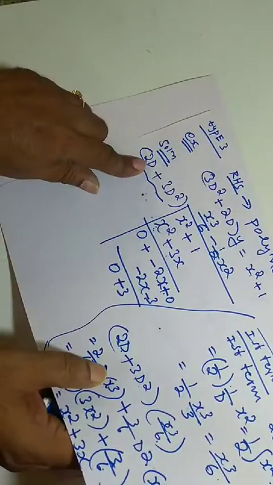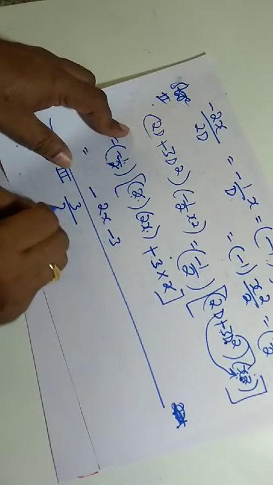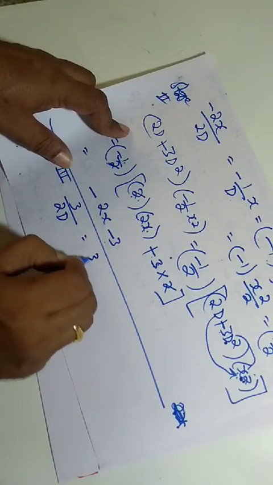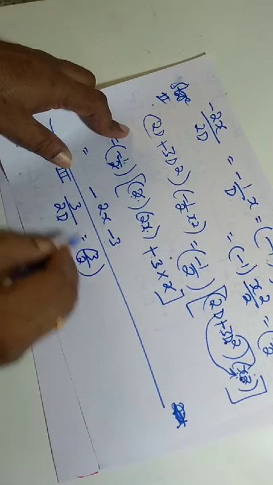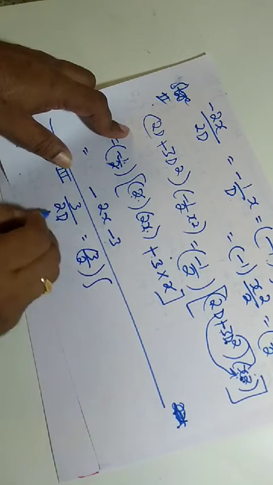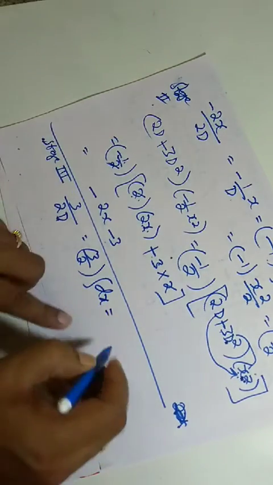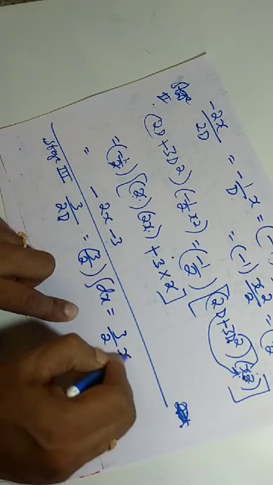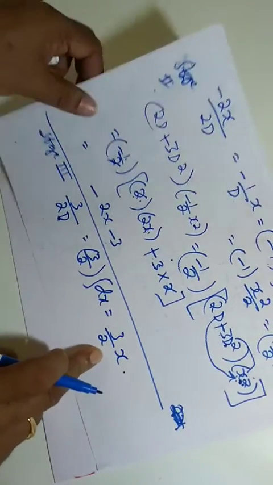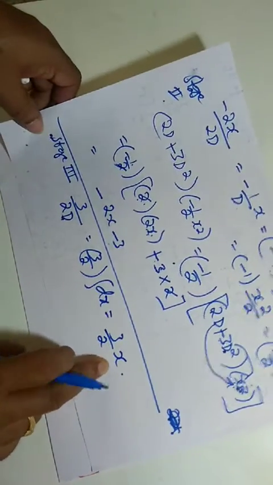What is the first term here? 2D. So 3 by 2 into 1 by D means what? Integral. 3 by 2 I have taken outside, 1 by D means integral of dx. So that is 3 by 2 x. Whatever result you got, 3 by 2x.